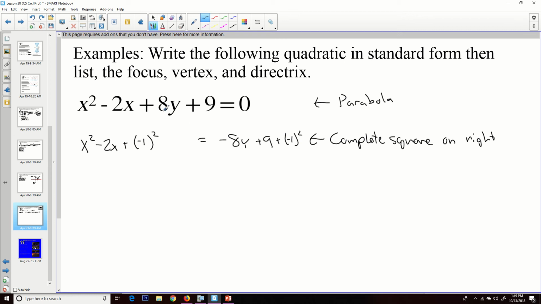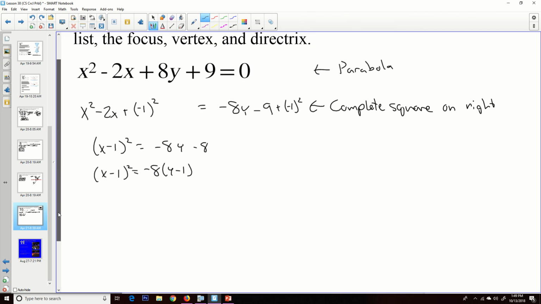I subtracted 8y from both sides, but I didn't subtract 9. I should subtract 9. And so now this is the perfect square, (x - 1)², and then I get -8y, and then this will be -9 plus 1, which is -8, so I'm going to factor that out, and go (x - 1)² = -8(y - 1).